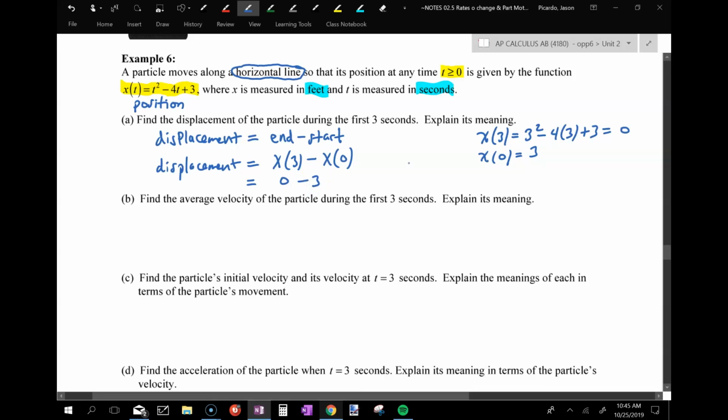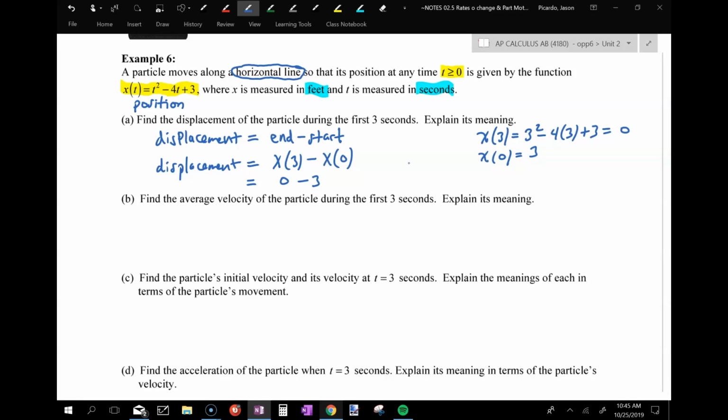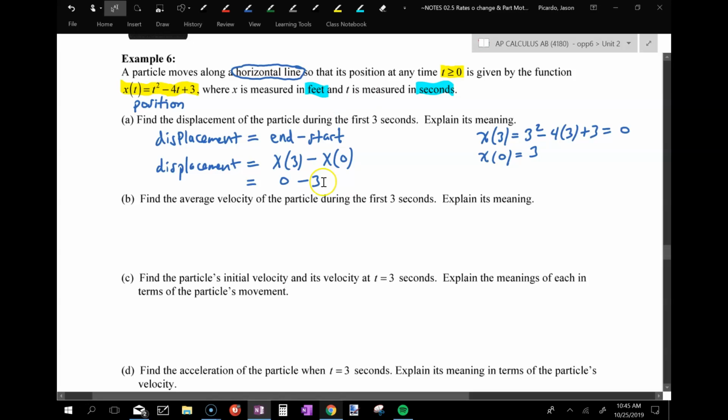Okay, so let's talk about what happened. Again, I want to be really, really particular about what's happening. So if you were to think about my pen being that particle, right? What did I say the particle is going to do? It's going to move left or right, or it's going to stay still, right? So if I was to ask you to describe what we just did, what would you say?